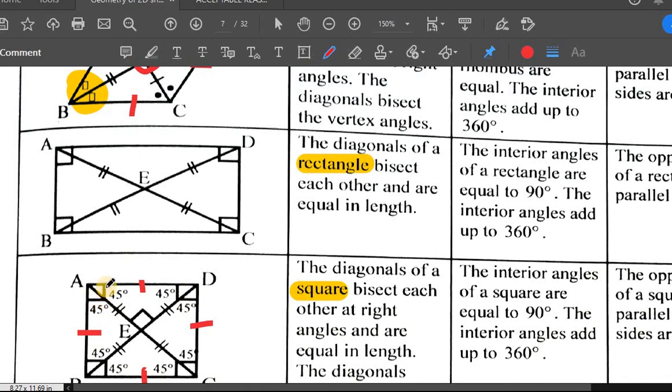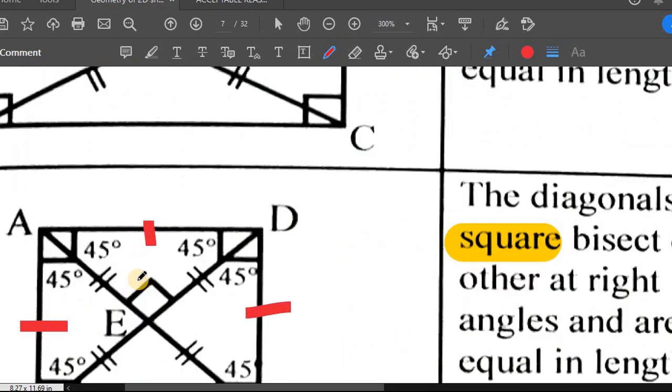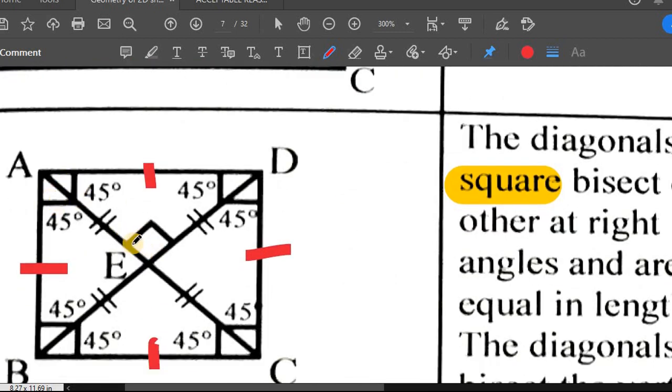But can we see that here also in the square the angles are bisected? Can you also see that there's 90 degrees, right? The difference here is that the diagonals are equal to each other. Yes, this line here is bisected, it's cut in half, right?